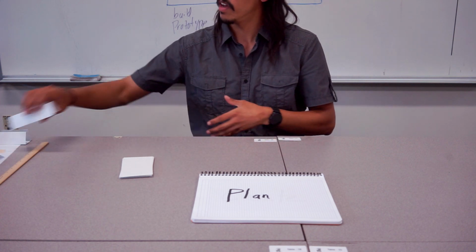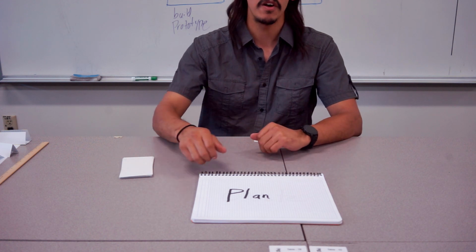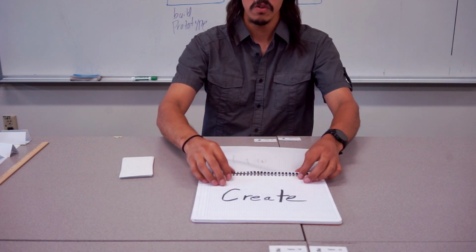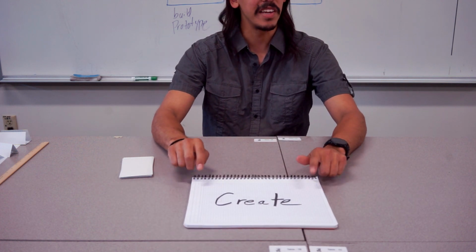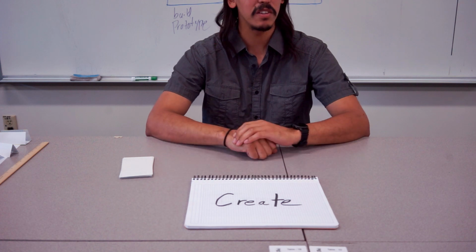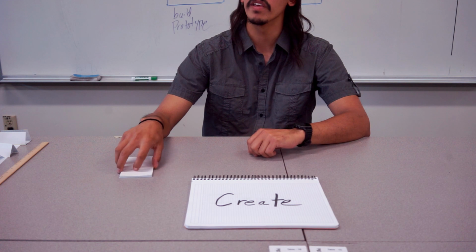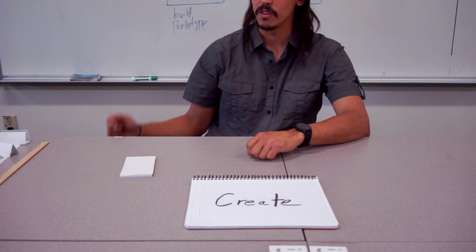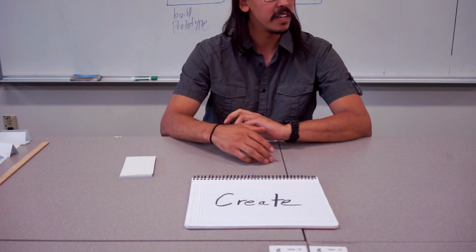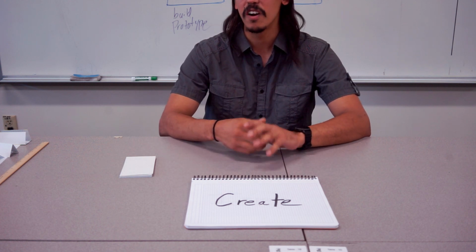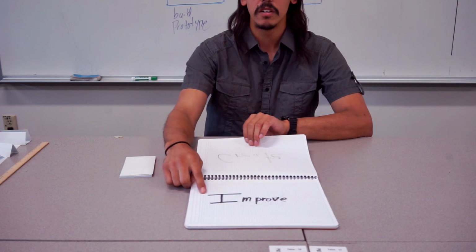Okay, so now you should have come up with a plan and have some idea for how you want to build this. So it's time to get started. And remember, you don't have a time limit for this, so feel free to take as long as you want. Even though you only have 25 index cards and only that 1 foot of tape, if you build your tower and it falls down, or it's just not as tall as you think it should be, don't be afraid to start over.